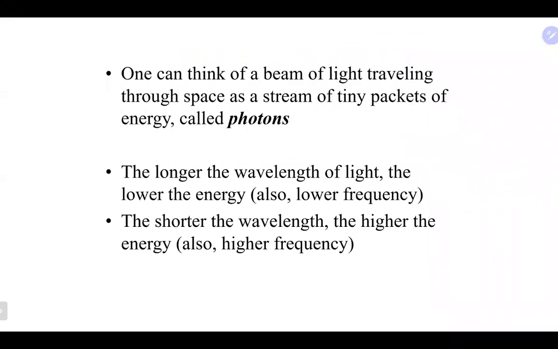One can think of a beam of light traveling through space as packets of energy. We also talked about the idea that as energy is either absorbed or given off, it is quantized. An electron, for example, will gain or lose enough energy to fully make the transition from one energy level to the next.